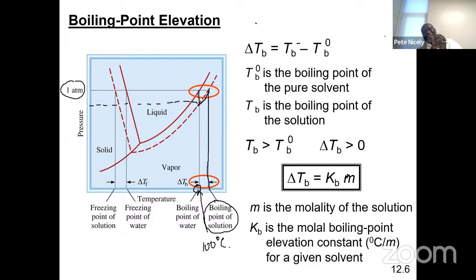Which is antifreeze. And what the ethylene glycol does is that it elevates the boiling point such that under hot conditions, the engine won't overheat too much because the boiling point of that solution is higher than the boiling point of water, all right? So that's basically one application of what we have just covered right here.